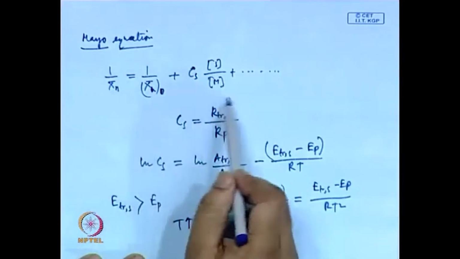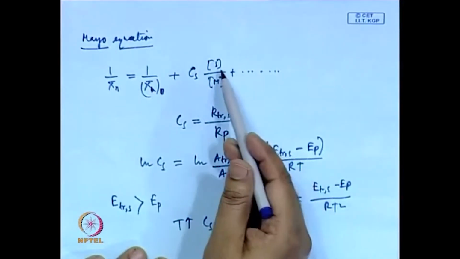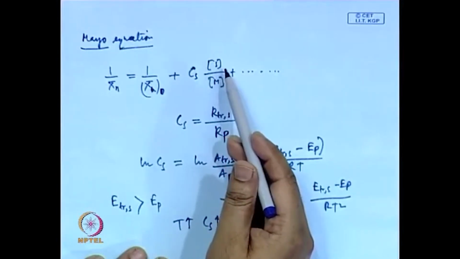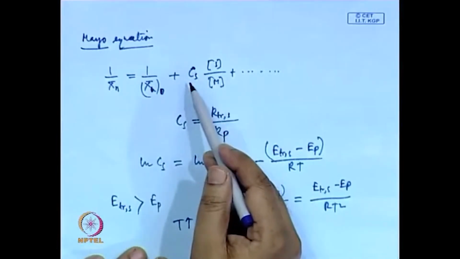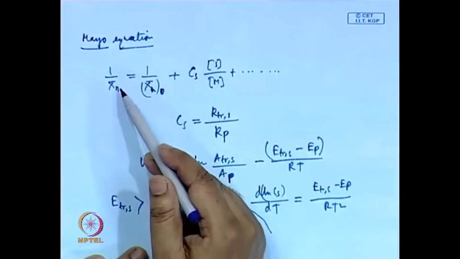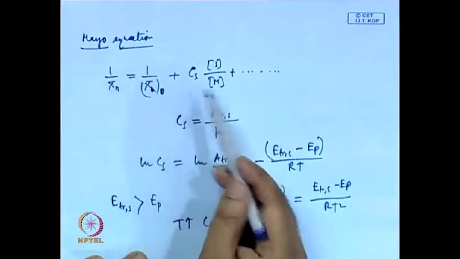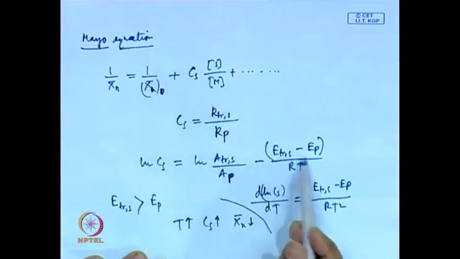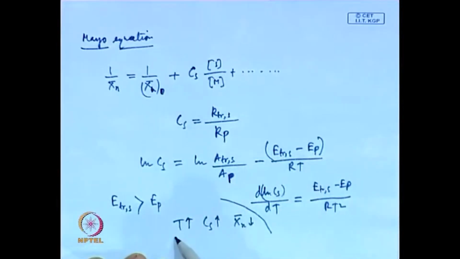From this expression we have seen that if we increase the concentration of chain transfer agents, the molecular weight goes down, and if the transfer constant goes up, then also the molecular weight comes down compared to the case where there is no transfer. Now, as we saw from the activation energies for transfer and propagation, if temperature goes up, Cs goes up, which means Xn comes down.